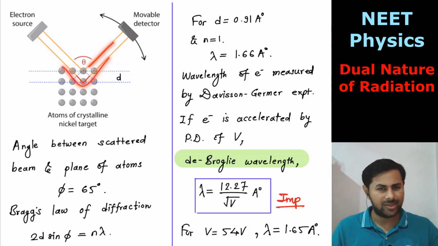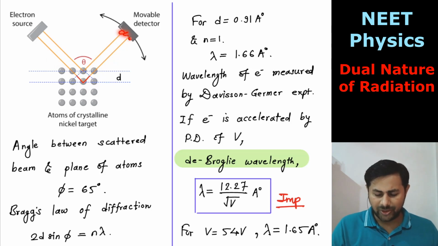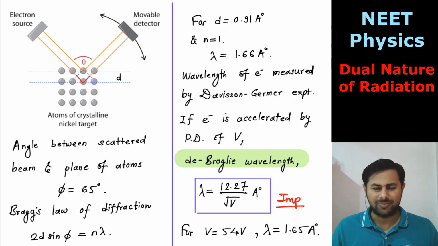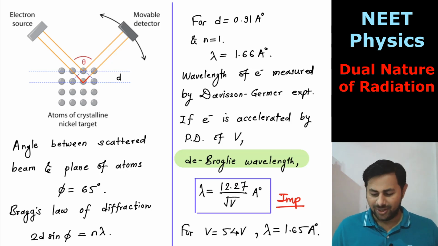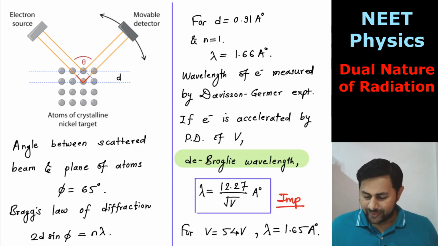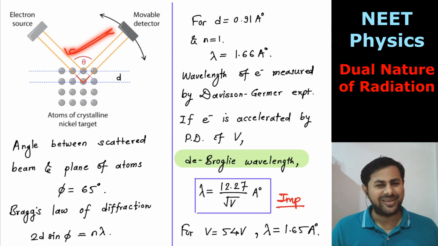Then there would be some path difference between electrons, and what you see here is something like a diffraction pattern. So diffraction pattern is reserved for what? Waves only, but electrons also show a diffraction pattern, which means electrons show wave nature. That's it. So that is the Davisson-Germer experiment in a nutshell. It was confirmed by this experiment.